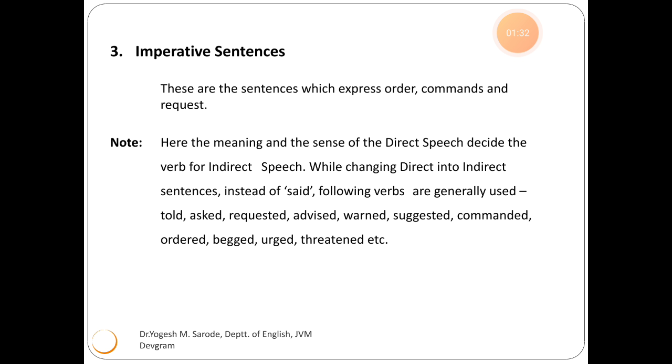While changing direct into indirect sentences, instead of said, following verbs are generally used. Listen to those verbs: told, asked, requested, advised, warned, suggested, commanded, ordered, begged, urged, threatened, and few more.